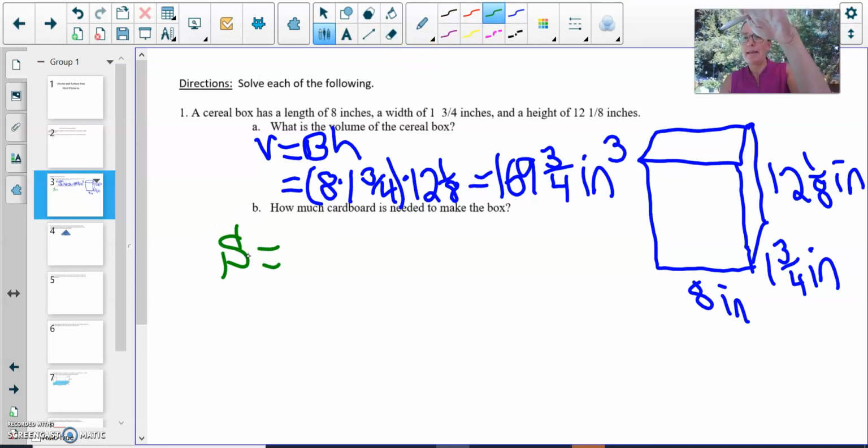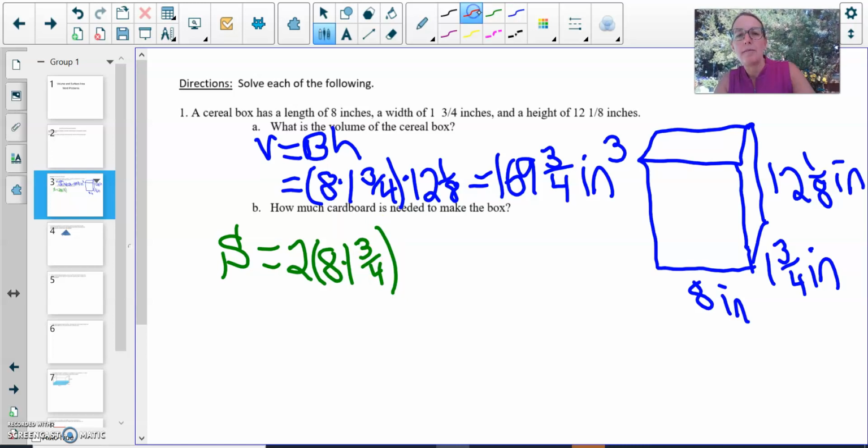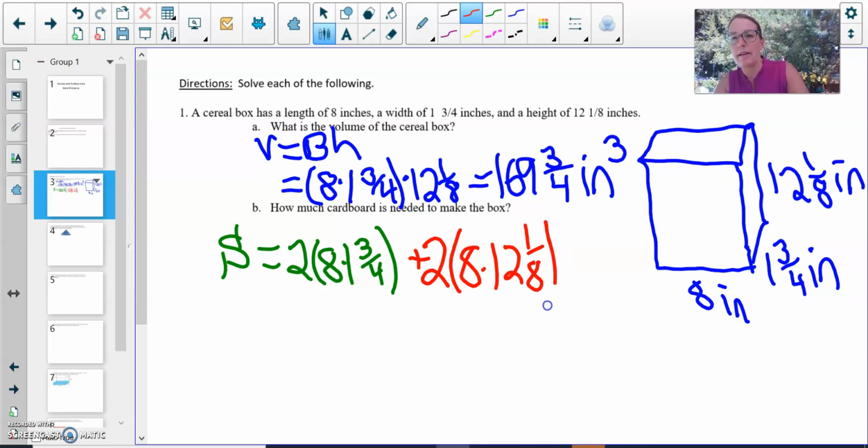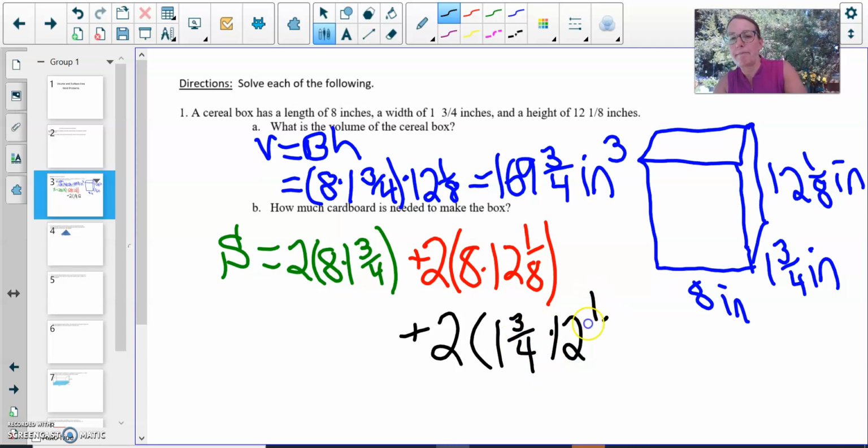The top and the bottom face each have an area of 8 by 1 3/4, so we have two faces that are each 8 by 1 3/4, plus the front and back, two faces that are each 8 by 12 1/8, plus the left and right sides, two faces that are each 1 3/4 by 12 1/8.